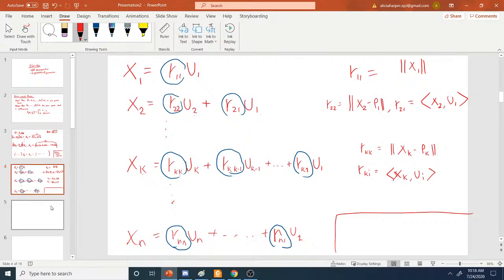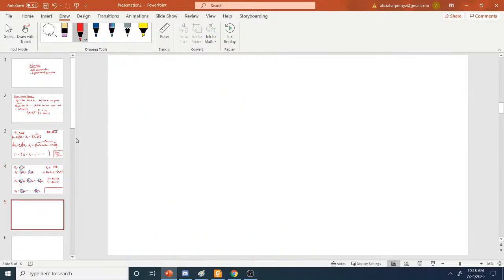So let's suppose we take the vectors u1, u2, uk, all the way through un, and we treat them as column vectors in a matrix. So what we're going to do is form a matrix, Q, where the first column is u1, the second column is u2, the third column is u3, and so on until the last column is un.